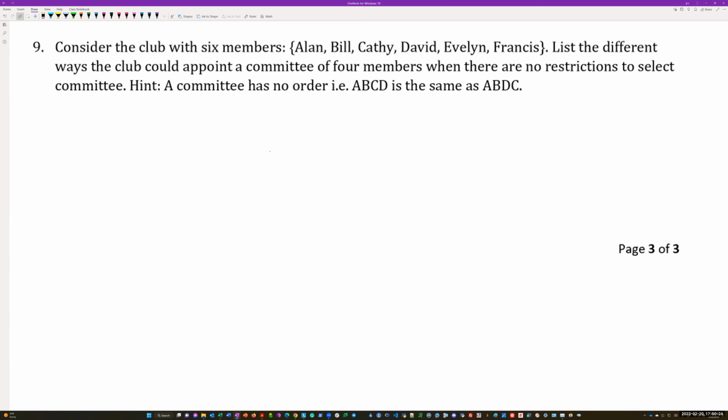Now they just want you to write them down. So that's what I would try to do first for this one, right? So I would start with like Allen, then go from there. Does that make sense? Of course, I wouldn't write Allen. I would just write A, B, C, D, E, and F.